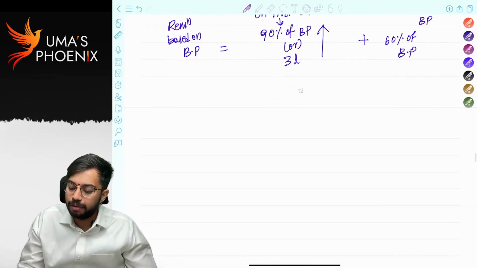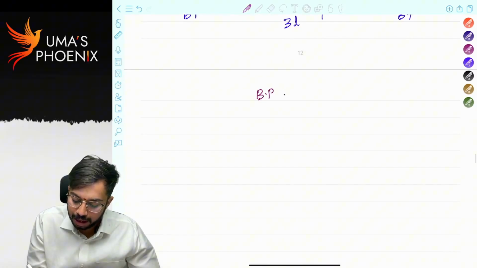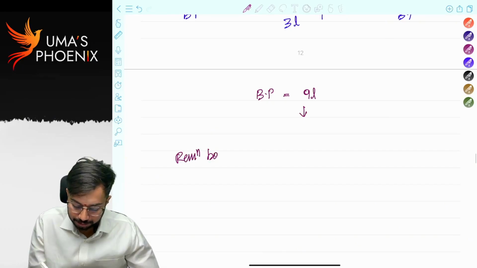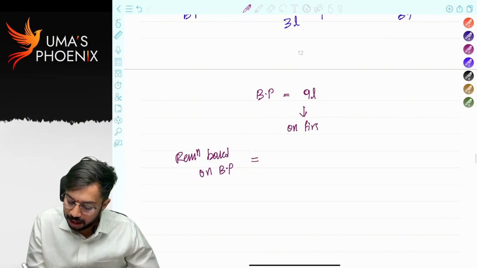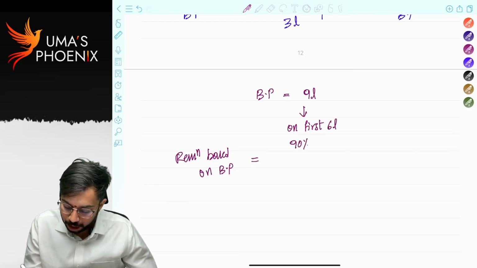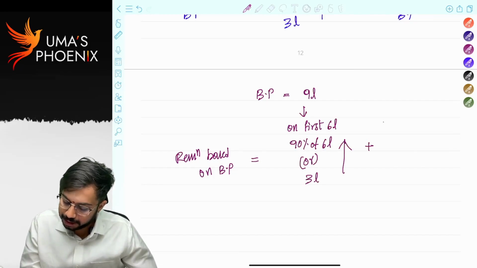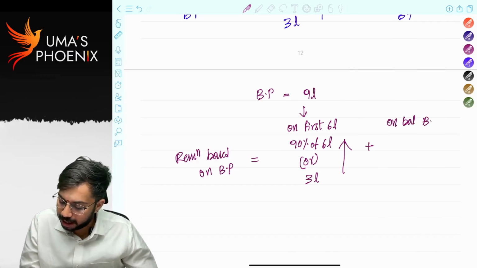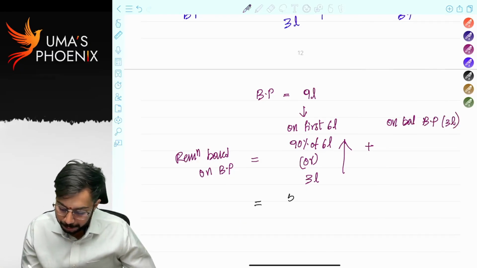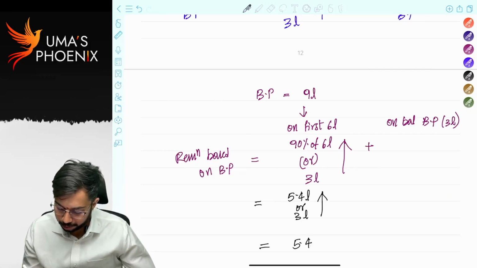We will do one problem so you will get understanding. Let's say book profits are 9 lakhs. Now we have to calculate remuneration based on book profits. On first 6 lakhs, what is the formula? 90% of 6 lakhs, that is 5.4 lakhs, or 3 lakhs, whichever is higher, that means 5.4 lakhs.